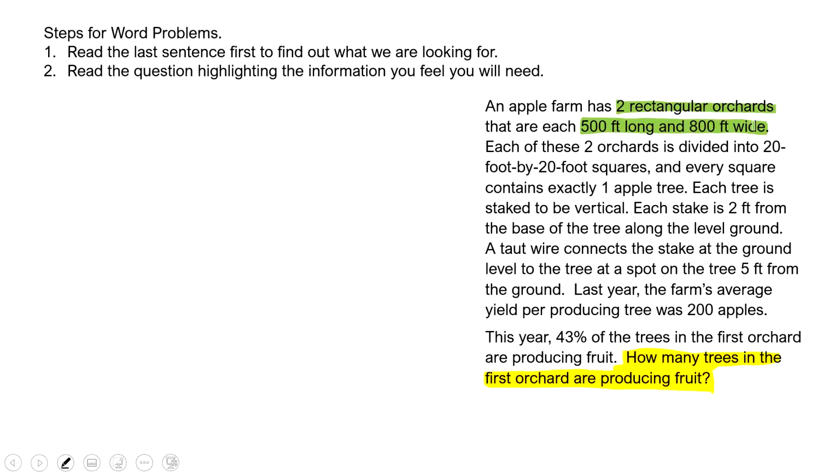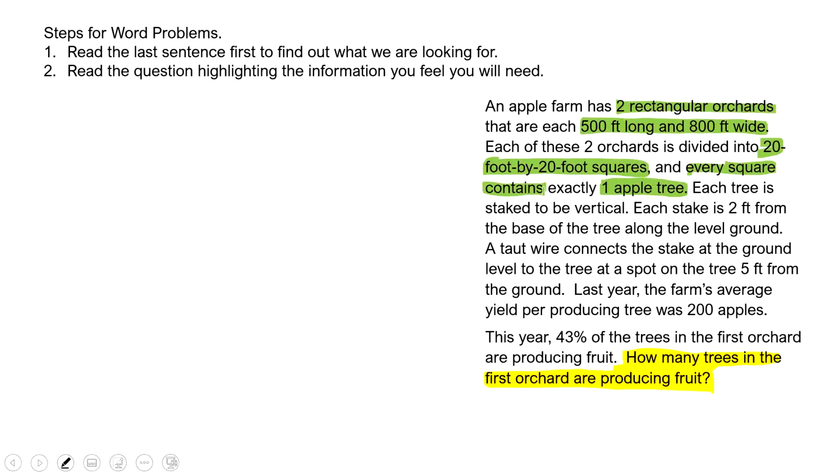Then they tell us each of the orchards is divided into 20 by 20 foot squares. Again, we might need it. I'm going to highlight it. Sometimes you're going to highlight stuff that you don't really need. And then every square contains exactly 1 apple tree. So at least now I know we're working with apple trees. Then they tell us each tree is staked to be vertical.